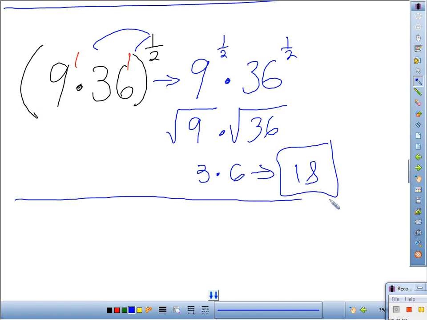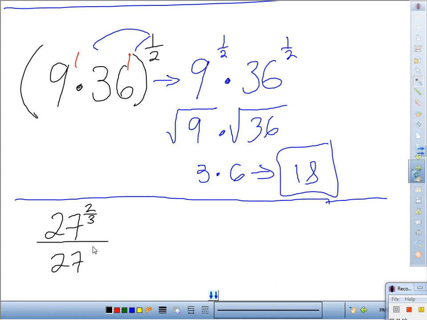All right. Here we go. How about 27 to the 2/3 divided by 27 to the 1/3? Don't say it out loud. See if you can finish that by yourself. We're dividing. They're the same base.